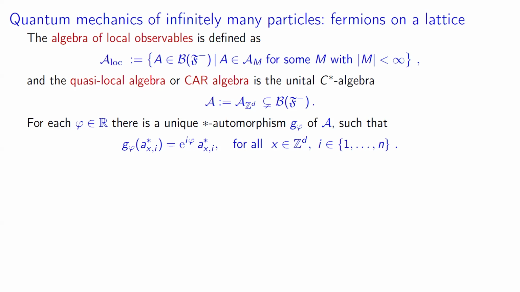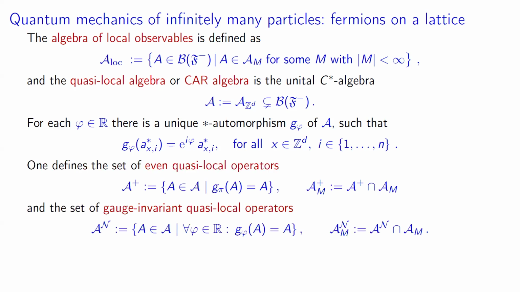So on the adjoint operators, you get the negative phase and so on. And one defines now the even quasi-local operators as those that don't change if I apply a sign change to my creation and annihilation operators. So basically every creation or annihilation operator gets a minus. So these are called the even operators.